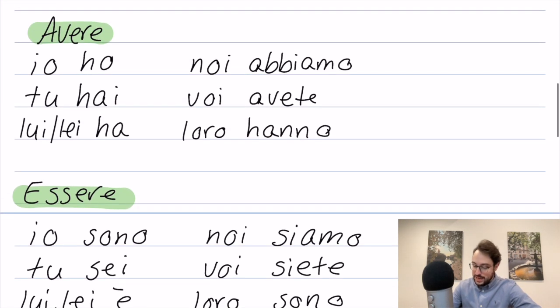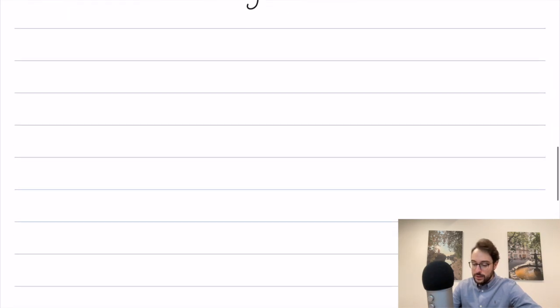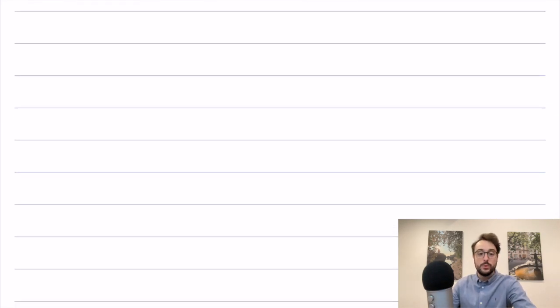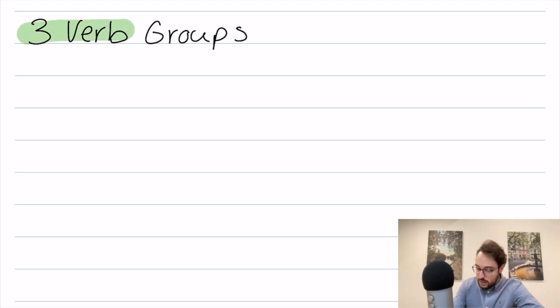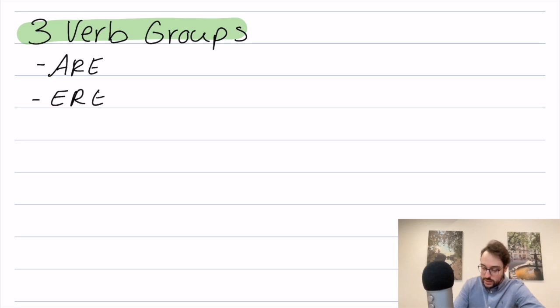So, avere and essere. Now let's talk about some regular verbs and verb groups. So in Italian, we have 3 main verb groups. This means we have verbs that will either end in are, ere, or ire.